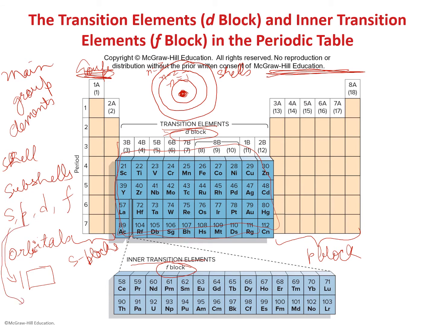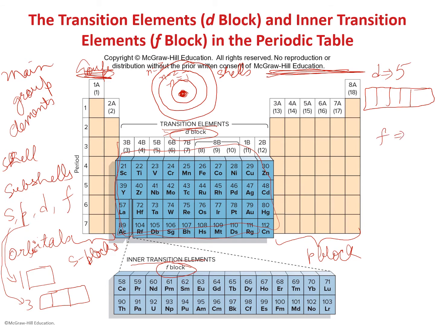P consists of 3 orbitals. So we usually draw it as 1, 2, and 3 squares, right? D, I'll draw it right here. The D subshell consists of 5 orbitals, and it is drawn in this form. So we have 1, 2, 3, 4, 1, 2, 3, 4, and 5. So total 5 orbitals. Last is F.